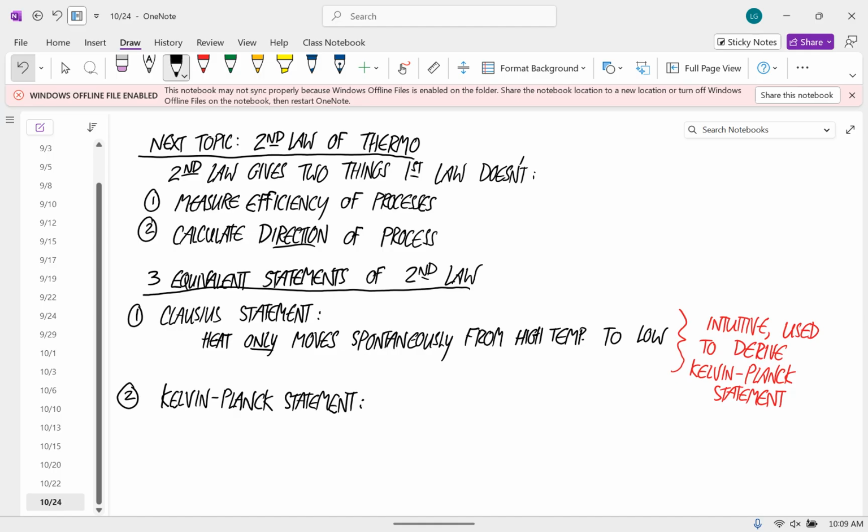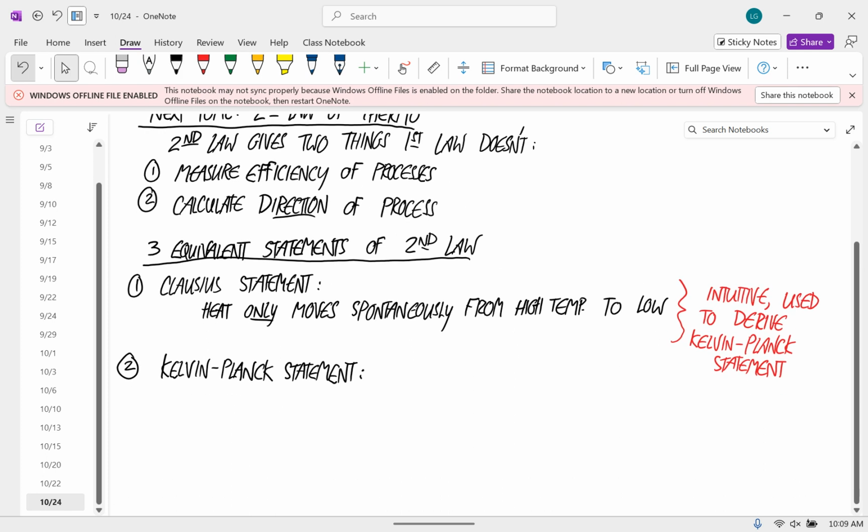And this one is a little more abstract. So I'm going to give you the mathematical definition, and then I'll talk about how to think about it.